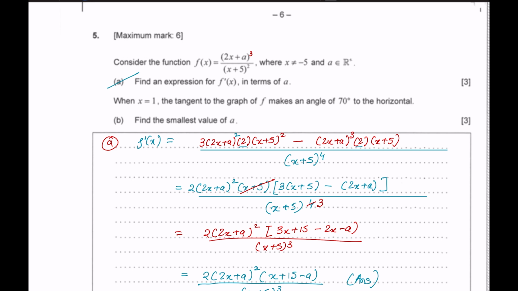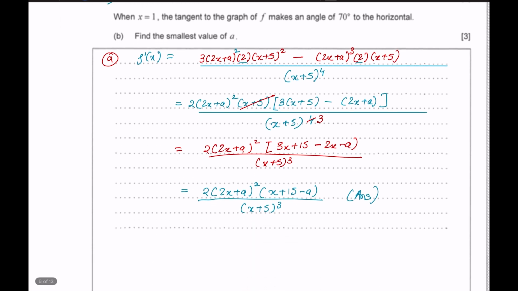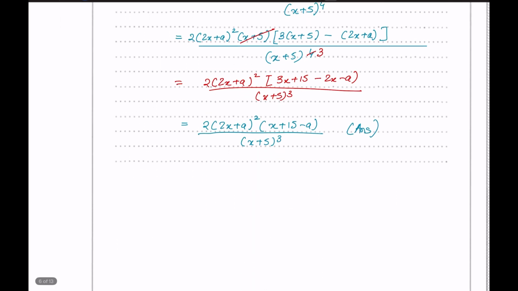Next, when x equals 1, the tangent of the graph f makes 70 degrees to the positive x-axis. You have to find the smallest value of a. So f dash 1 will be equal to tan 70. Slope is tan theta, which is 2.747.